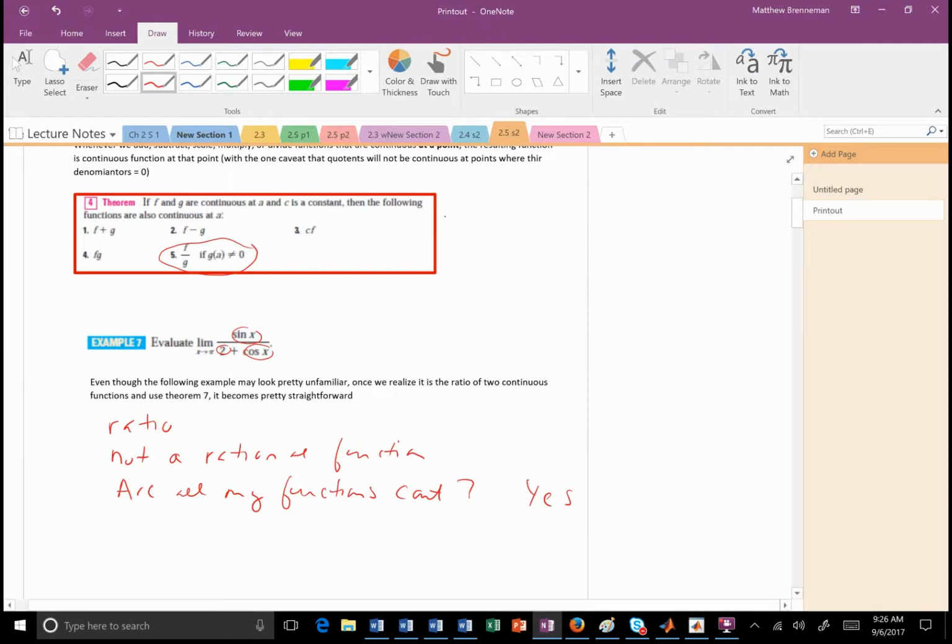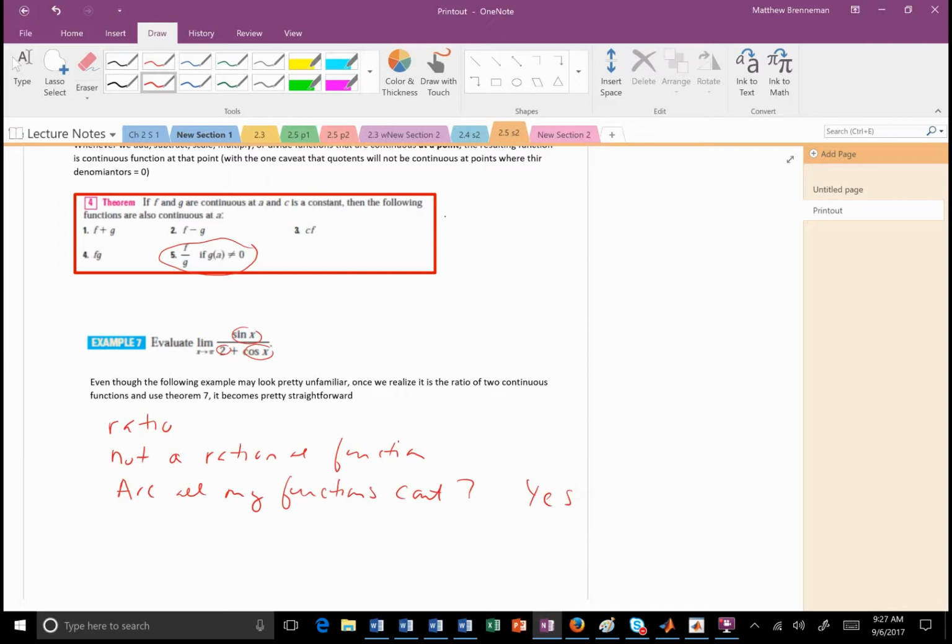We're worried about the denominator being 0. So what are the values that cosine takes on? You go between -1 and +1. So the very smallest this can get is when cosine is -1, and we're going to be out of the way.